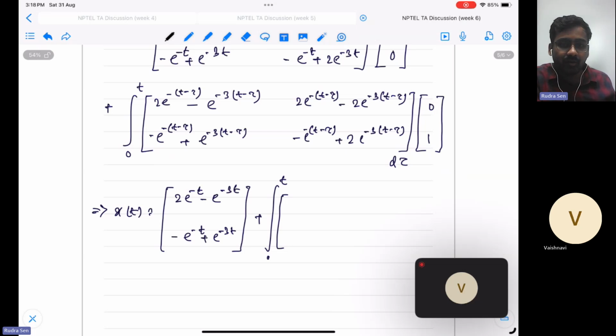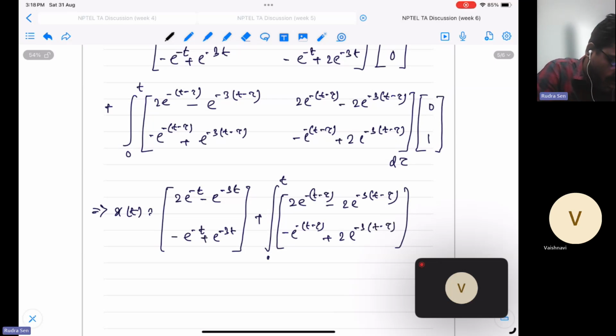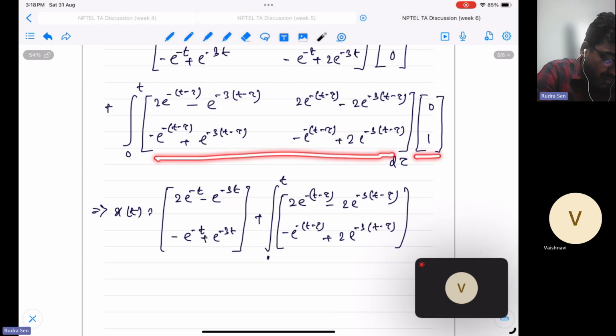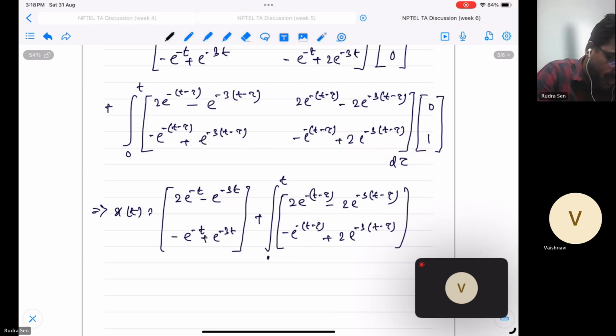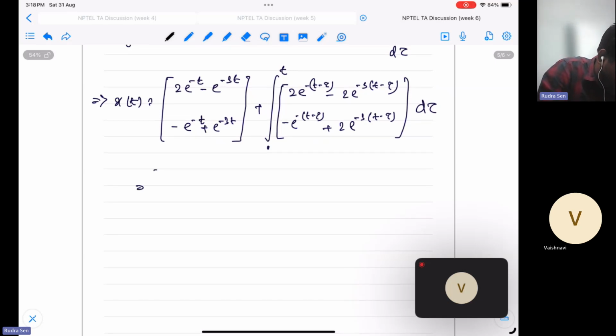First you multiply this term with this term, and you get this, right? And this is d tau. So I'm just integrating with tau, not t. So t is basically considered as a constant term.